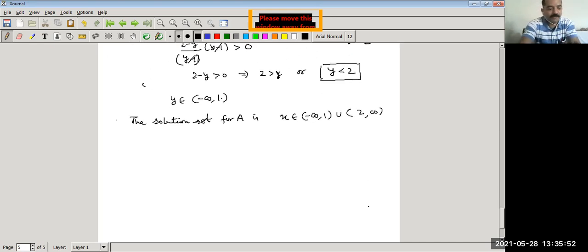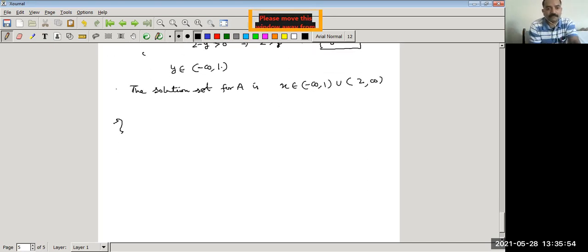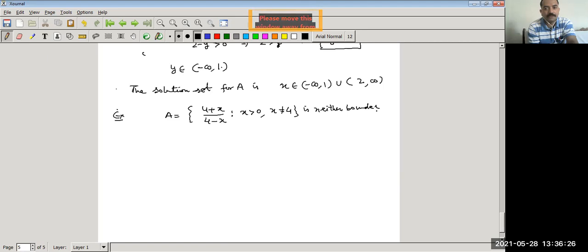Now you can try for the same case. If the set A is given, that is (4 plus x) upon (4 minus x), such that x is greater than 0, x is not equal to 4, is neither bounded above nor bounded below.